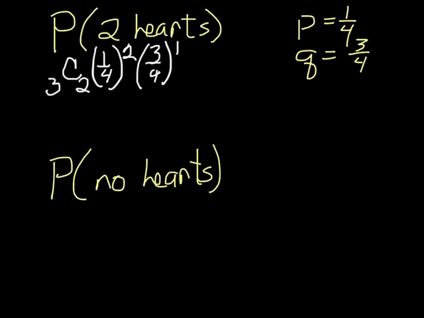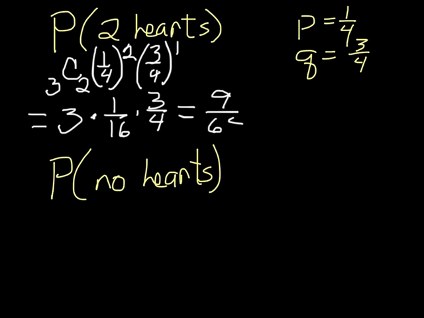And now if you work through this, a combination of 3 choose 2 is 3. 1/4 squared is 1/16, and 3/4 to the first is just 3/4. And so when you multiply this all out, you get 9 over 64 is the probability of getting 2 hearts.